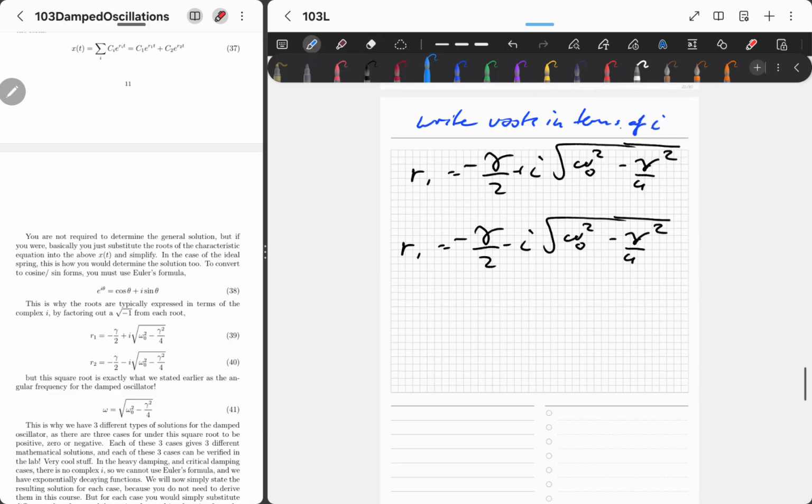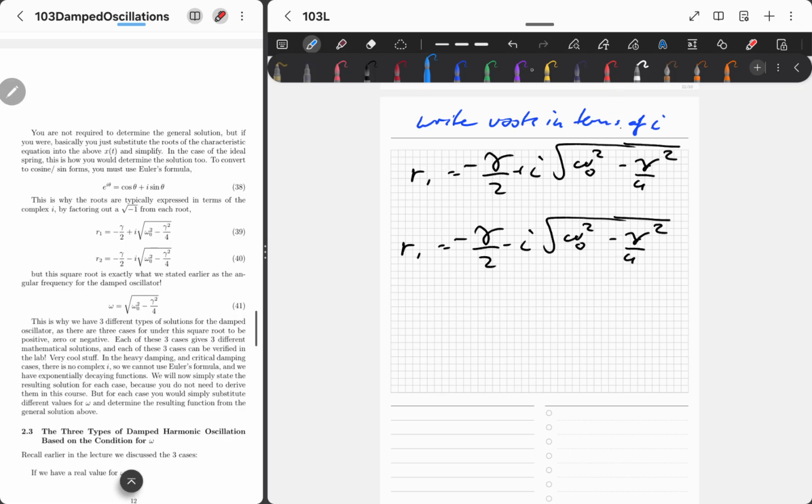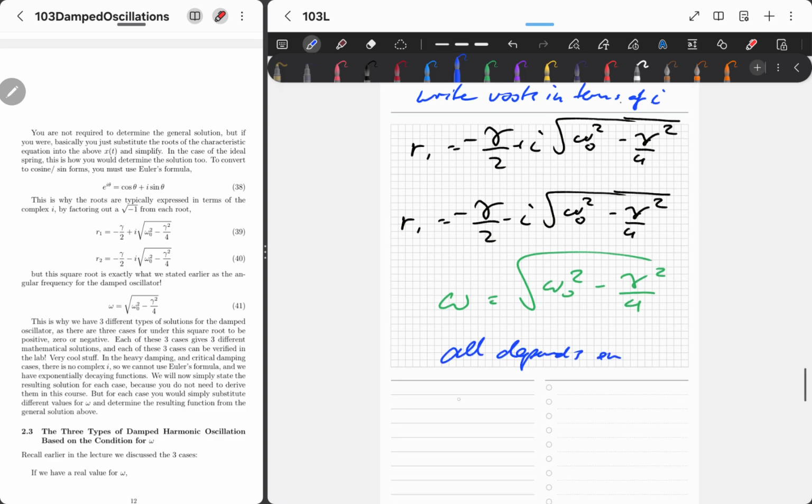So the point I'm trying to get at is we just have one solution here. But we can write it as exponentials or cos or different forms depending on what this ends up as. And that's three actually different motions you can see in reality. So it's pretty cool stuff that the method for solving these equations of motion naturally predict different types of motion we would see in the lab.